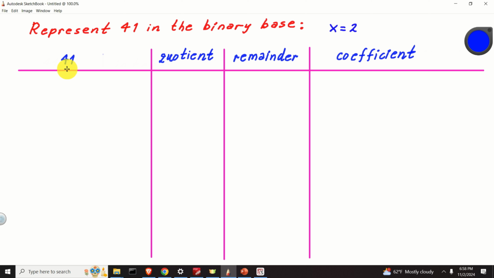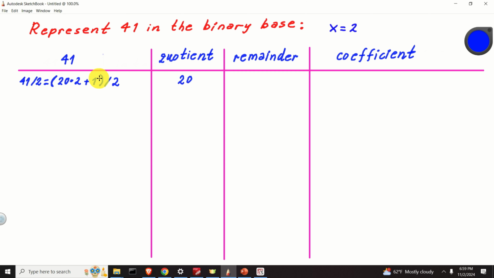So let's start. We start with the number 41. We divide 41 by 2. This division can be represented like this. We have 20 multiplying 2 plus 1 divided by 2. From here, we can see that the quotient is 20. So we write it here.